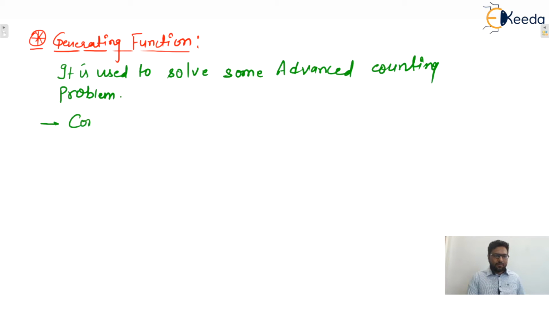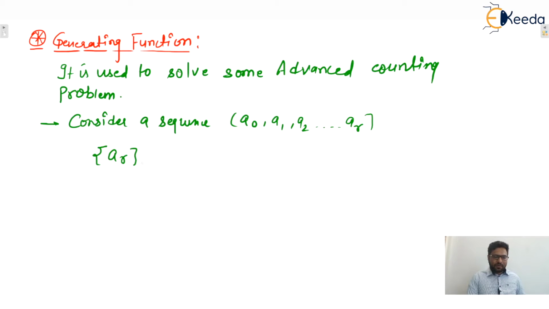Let's say a sequence is given to you: a0, a1, a2, up to ar, where r is 0 to infinity, no problem at all.